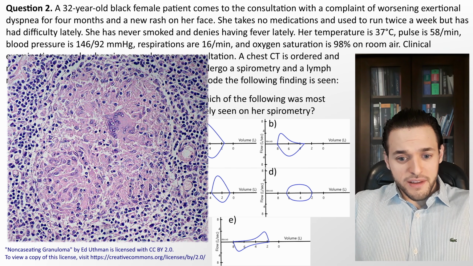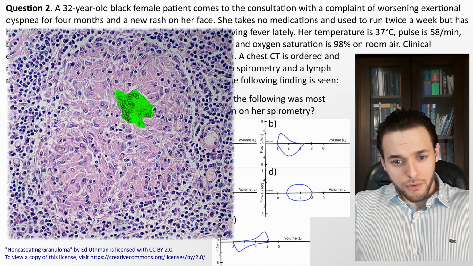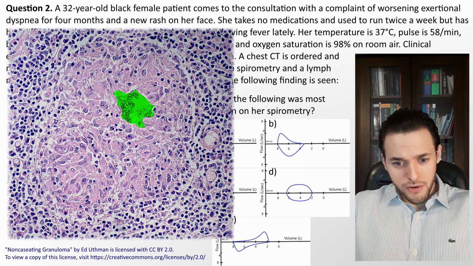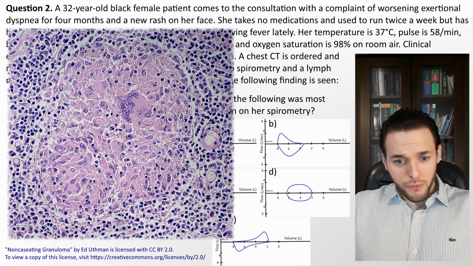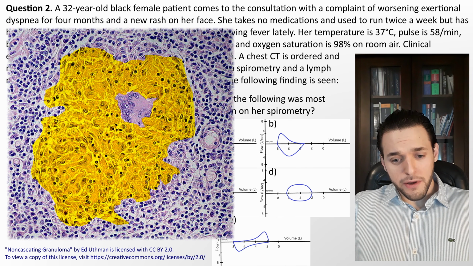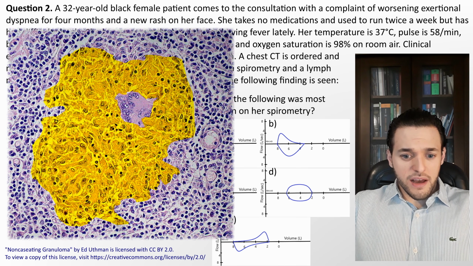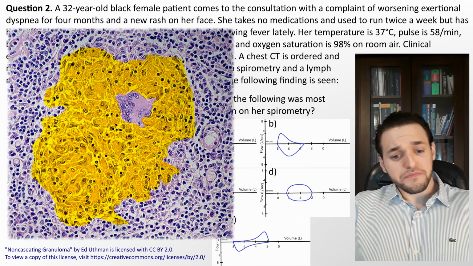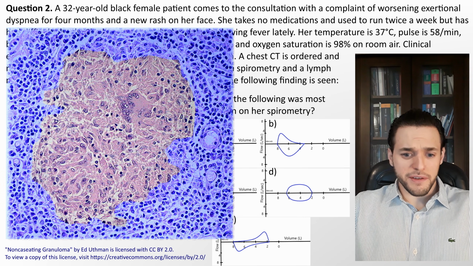You can see there is a huge cell right here in the middle, but it has many nuclei, and it's surrounded by epithelioid cells. And then around the epithelioid cells, we have many lymphocytes.